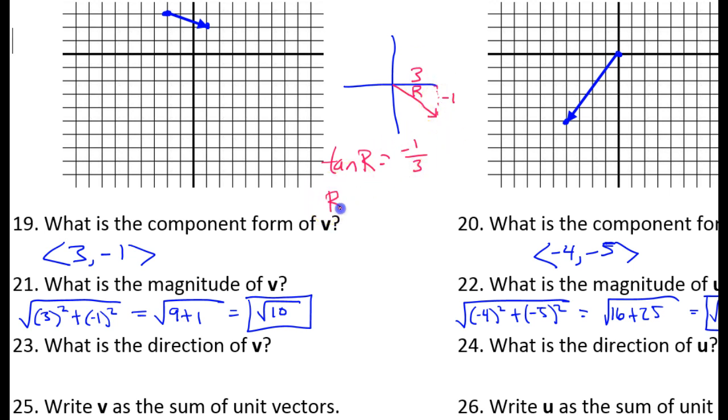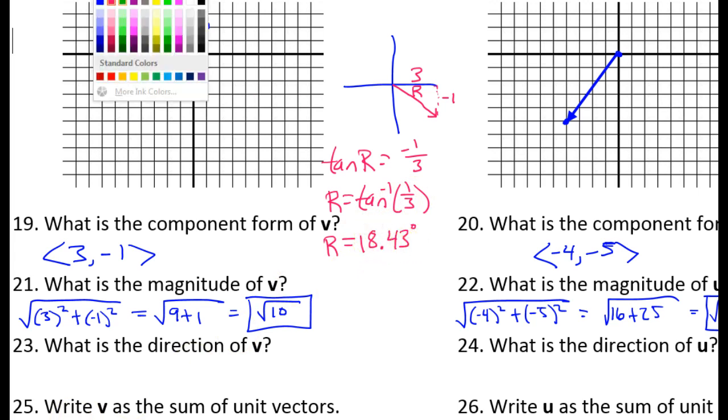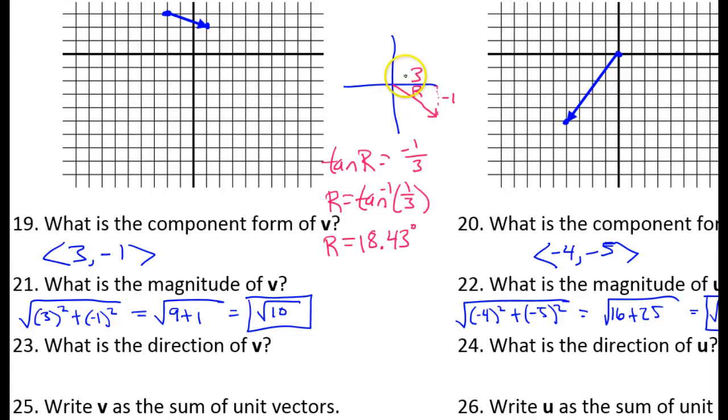And then we can find the reference angle by doing the inverse tangent. Now I'm going to ignore the negative sign and just do 1/3 because I just want the positive value of r, and put this in your calculator. So that's 18.43 degrees. So the direction of this vector is the angle as measured from the positive x-axis counterclockwise. We call that theta.